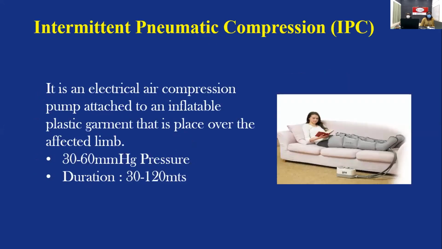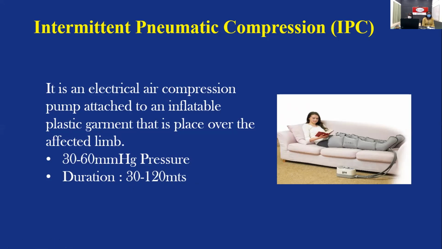Another management is the intermittent pneumatic compression pump. I think some of you have seen this. It is an electrical air compression pump attached to inflatable plastic garments that are placed over the affected limbs. If the patient has lymphedema on the lower limbs, the patient lies down on a flat surface and the compression garment is put on the affected limb.